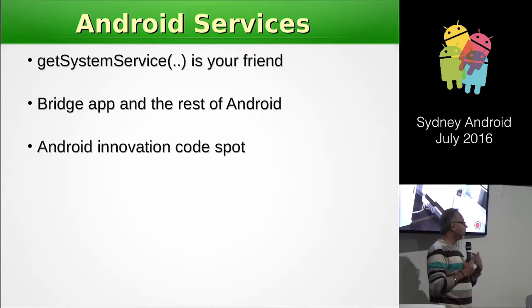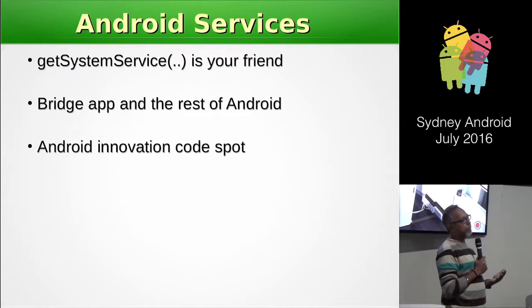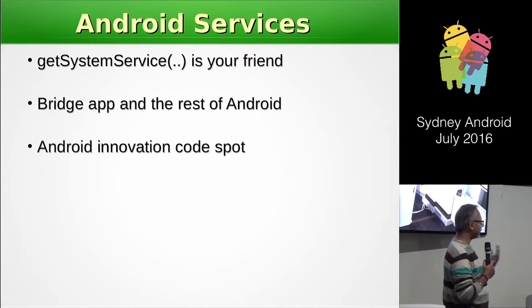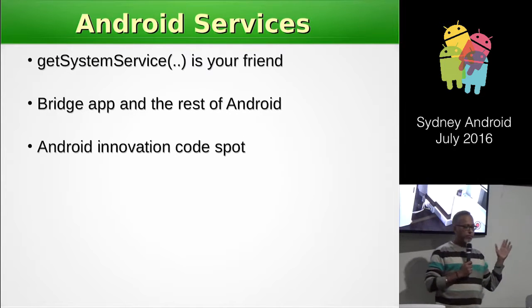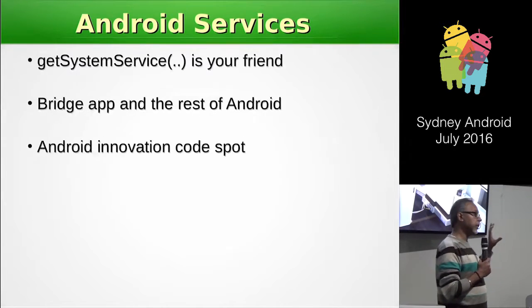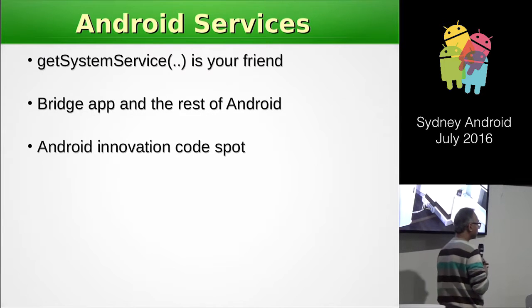Without this, you don't interact with Android. Most of the time, when you look at a new API, maybe API 24 or API 25, you will have a lot of different features available in these services.